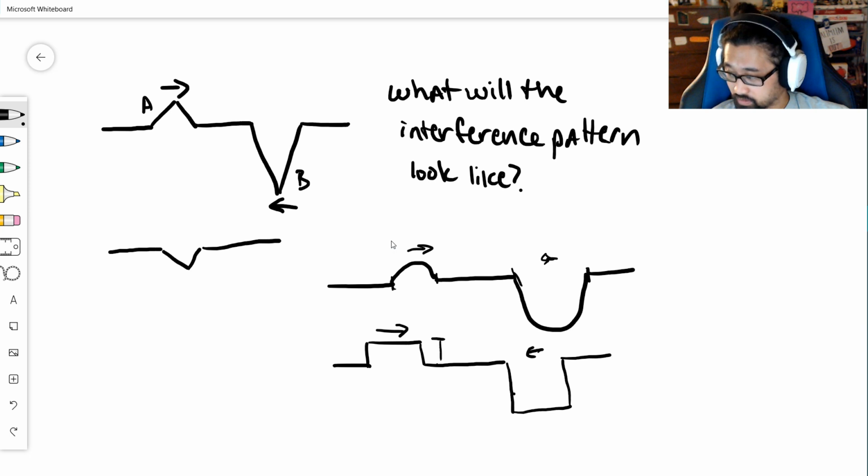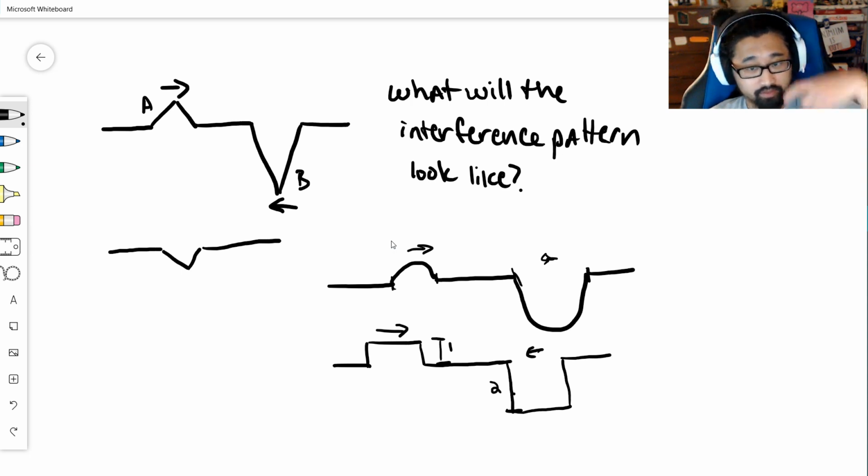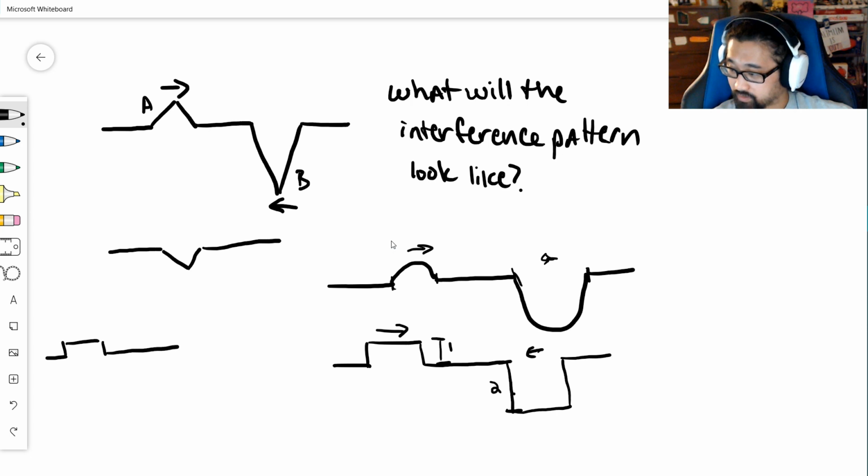Well, from here to here is 1, and from here to here is 2, right? When they overlap, if they're overlapping oppositely, you subtract them, and whichever one is bigger, it goes that way. If you have this and this, and they're both coming towards each other, let's say this height is 1 and this height is also 1.